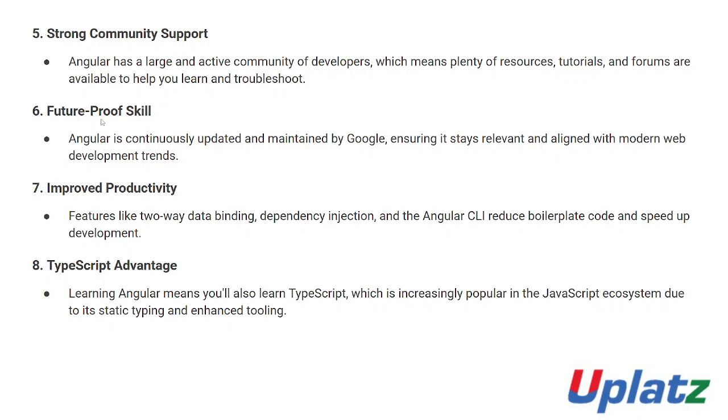Number six, future-proof skill. Angular is continuously updated and maintained by Google, ensuring it stays relevant and aligned with modern web development trends. Every 6 months, Angular launches a new version. But your old skills are not obsolete.